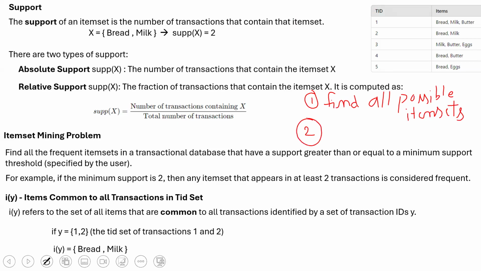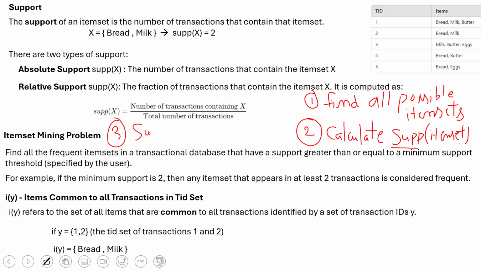The second step is to calculate the support of each itemset that you have derived. You know what support is and how to calculate it. Once you have calculated the support, the third step is to compare the support with the minimum support threshold.